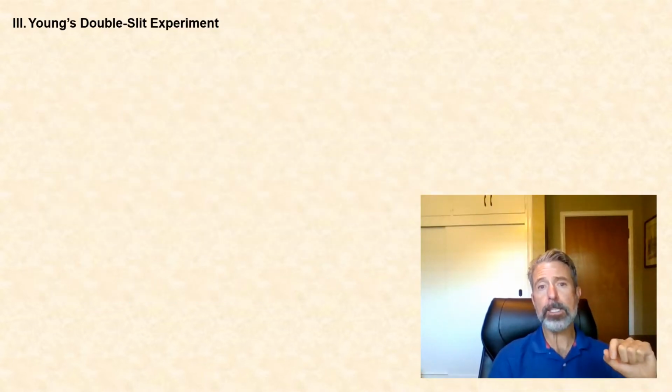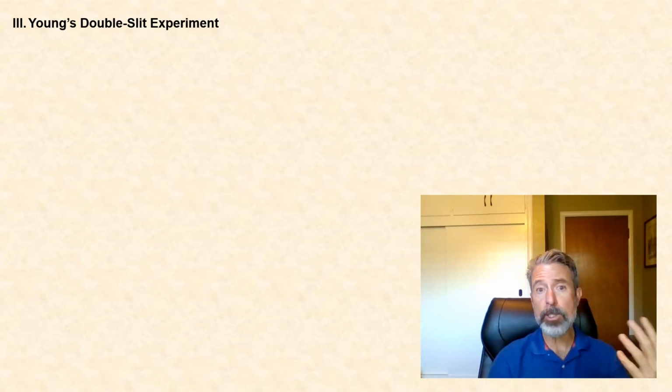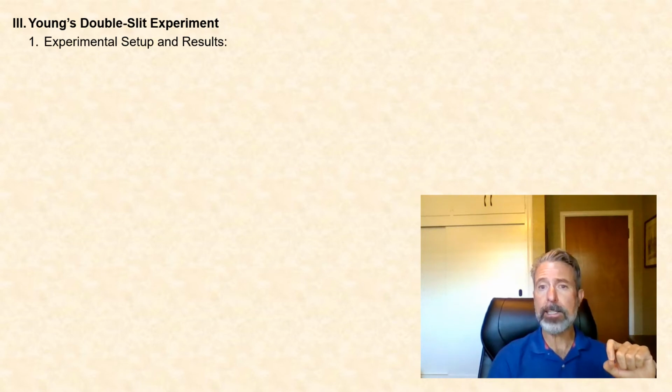The rest of today's lesson will be devoted to a specific case involving the interference of light waves. And this is the classic double slit interference first described by Thomas Young in the early 1800s. So let's start by taking a look at the setup of his experiment as well as the interference pattern produced.